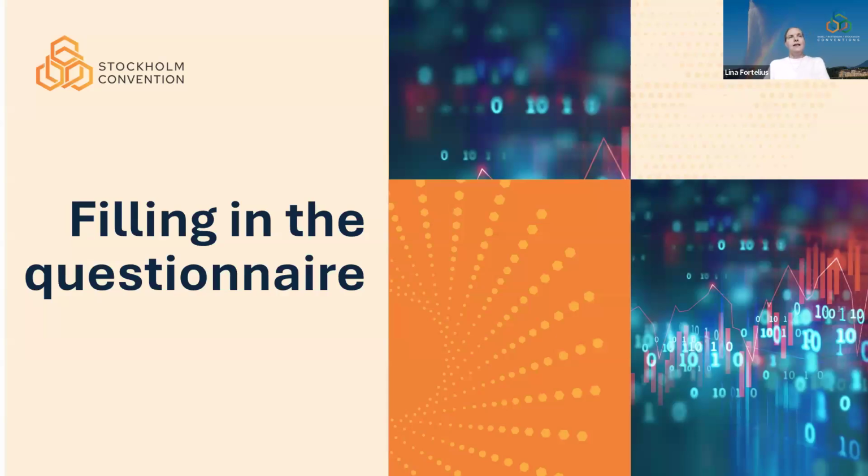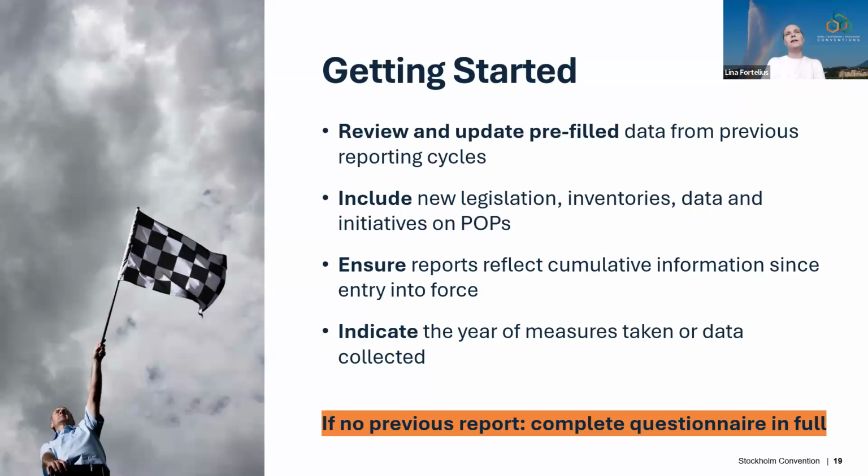Let's now start filling in the reporting format. When you get started, please review and update pre-filled data from previous reporting cycles. For countries that reported in the 5th reporting cycle, you probably have everything up to date since the convention entered into force until 2022, maybe even later if you submitted the 5th report after the deadline.